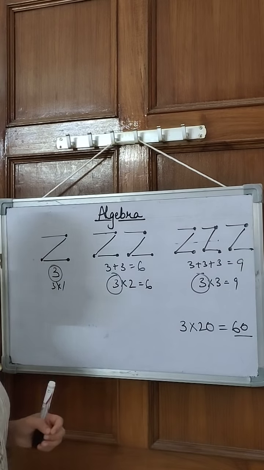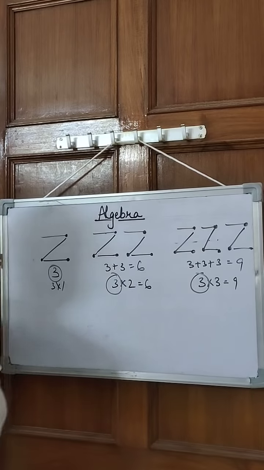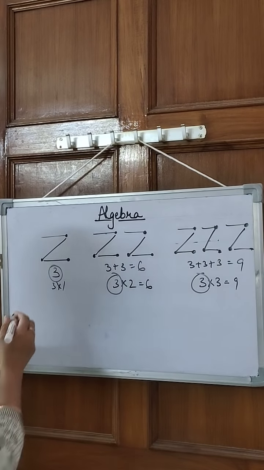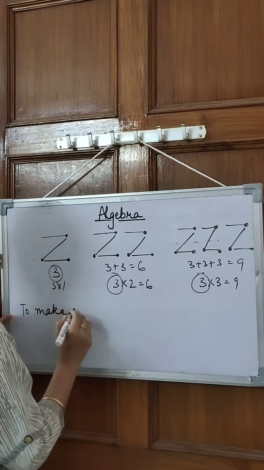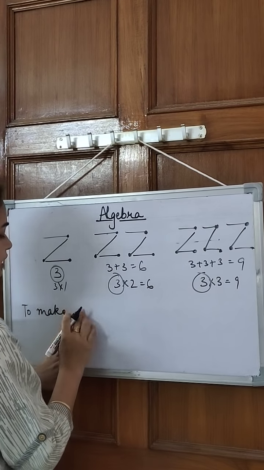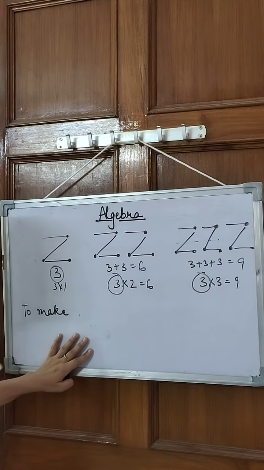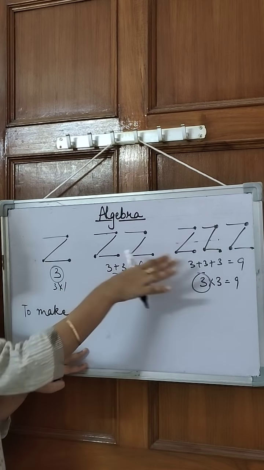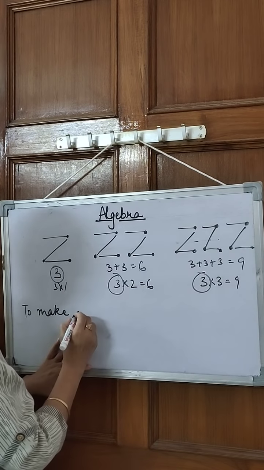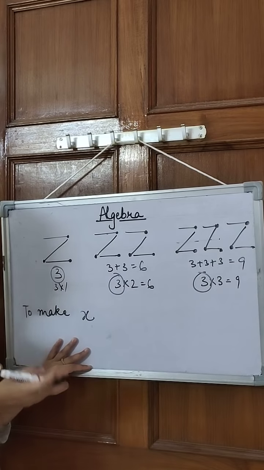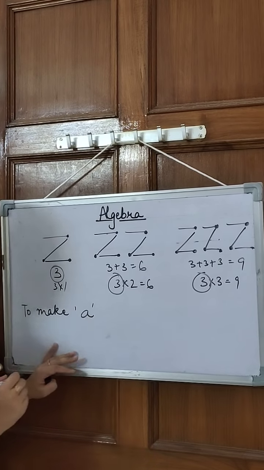So how can we find out the pattern? In general, what we can say, to make any variable, since no variable is given here, you can take any variable. You can take small z also, or x, or y. Let's take something else, otherwise you will feel that it is only x. I am taking a.